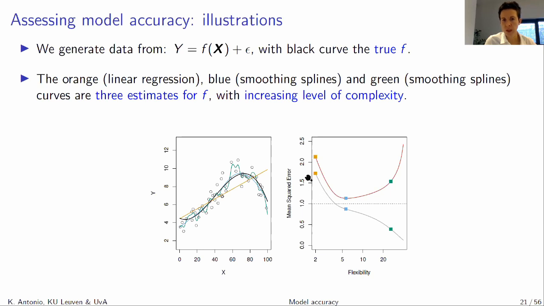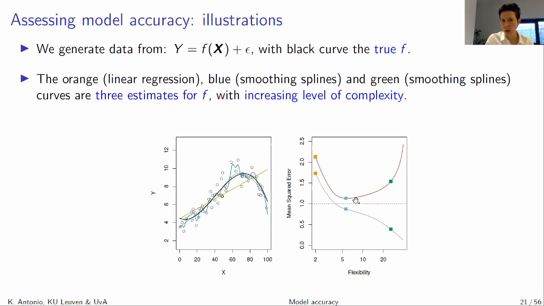What I see here is, of course, that the linear model is leading to the highest prediction error, in this case mean squared error on the training data, and that this performance improves when I increase the complexity of my model. So I can push this training error to 0 if I make the model more and more complex, right? But if I evaluate these three models on new data, so test data, which I can also generate from the known model here, then I'll get a performance like this.